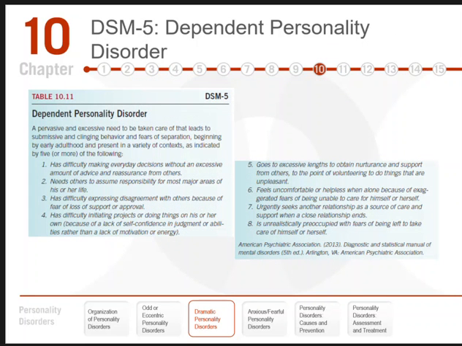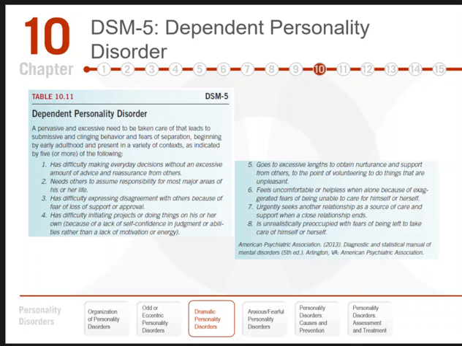Dependent personality disorder. So you can imagine what this is like. Having difficulty making everyday decisions without an excessive amount of advice and reassurance from others. Needs others to assume responsibility for most major areas of his or her life. Has difficulty expressing disagreement with others because of fear of loss of support or approval.